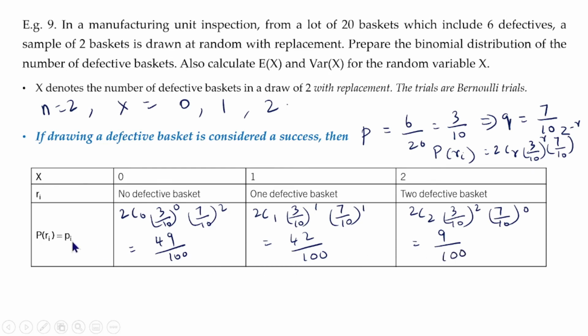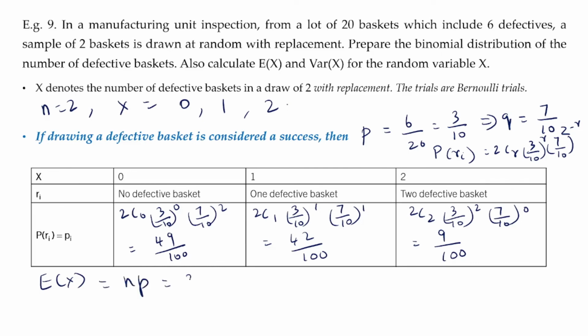So now we have easily found the probability distribution using the probability of r successes, since these trials are Bernoulli trials. Now we have to find the expectation of x and variance of x. We need not draw another row for x times p of x and all. We know, because it is a binomial distribution, expectation of x is equal to np.